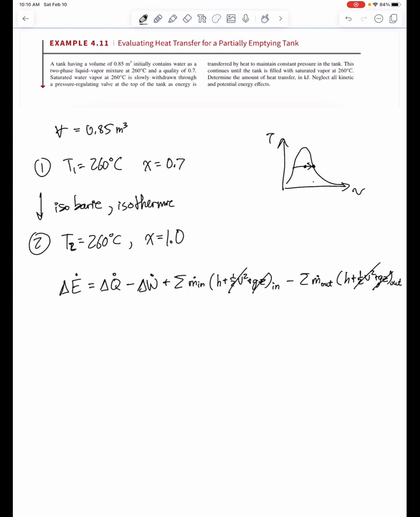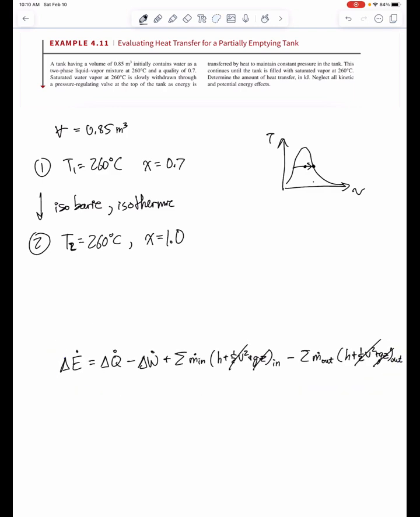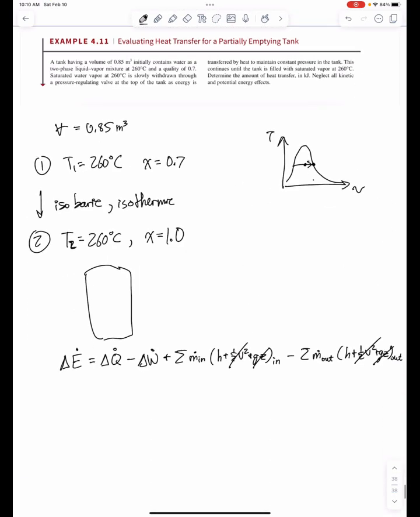I should probably draw a picture because I think I can understand what they're trying to tell me here. The picture is this tank, and as I usually draw it, the quality is 0.7, so 30% is liquid and 70% is in the vapor form, and it's all H2O.